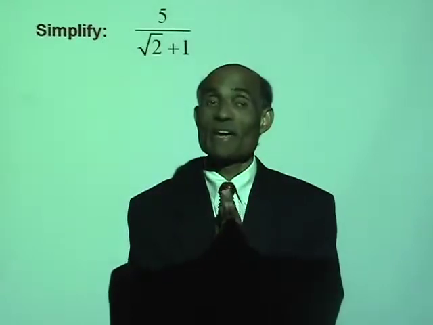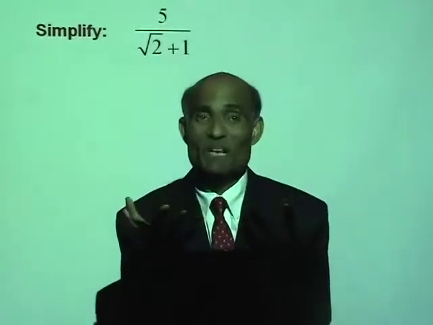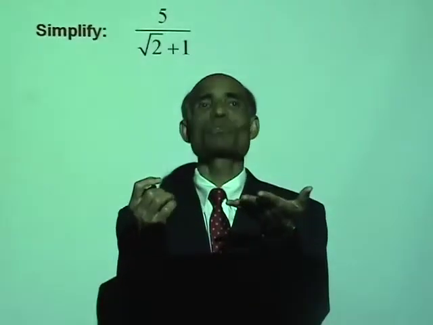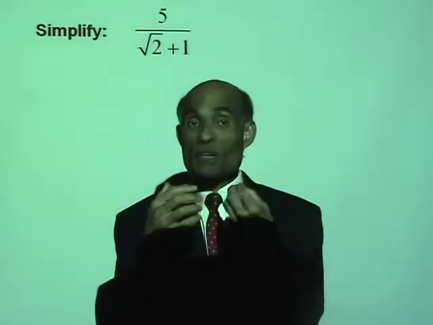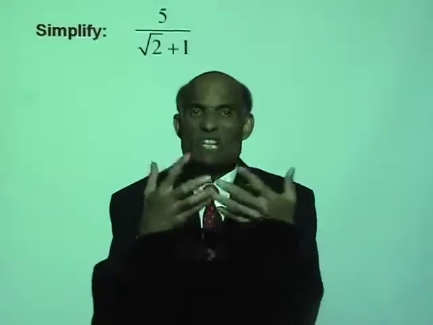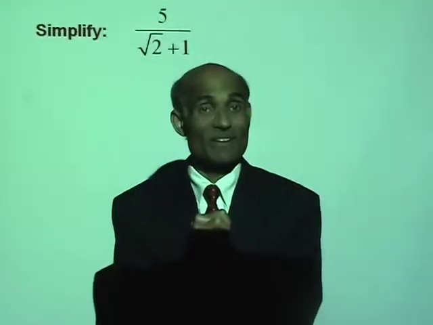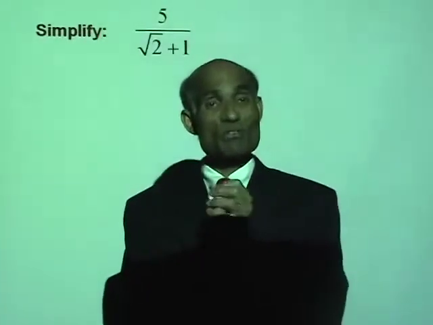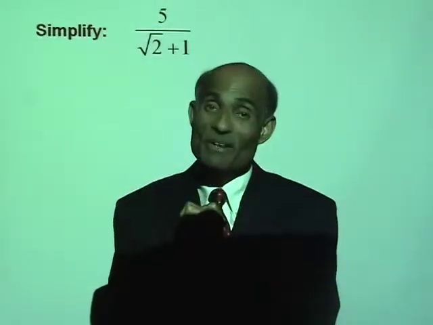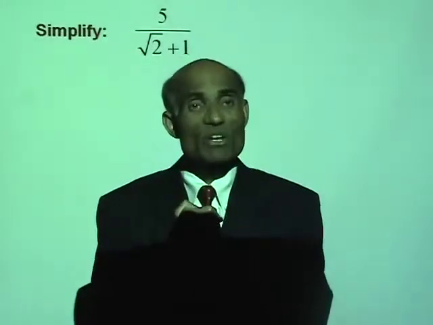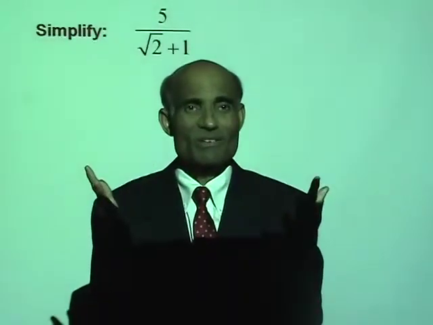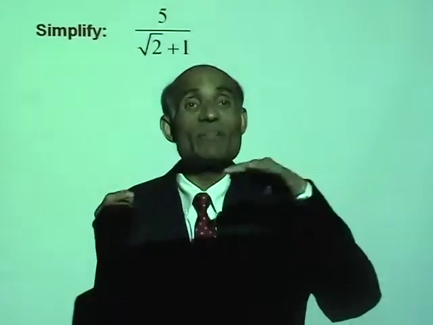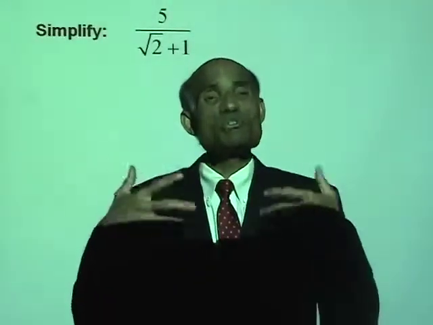That an algebraic expression cannot have a radical number in the denominator, because that is irrational, isn't it? A radical number is irrational. Square root 11, square root 2, square root 7, square root 19, they're all irrational. Now, an irrational number is not allowed in the denominator. You need to eliminate it.